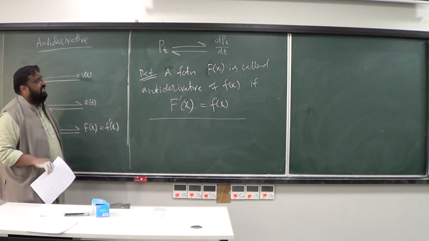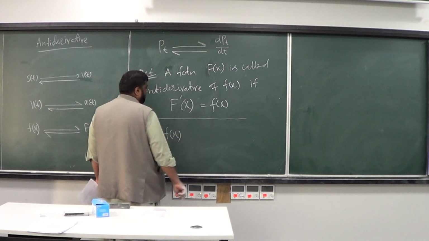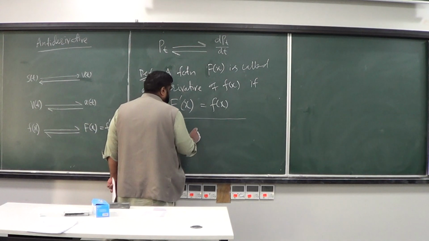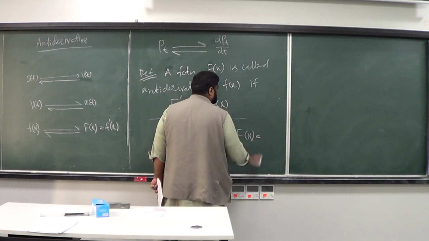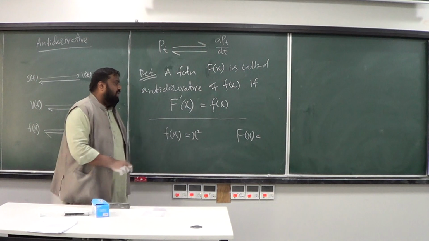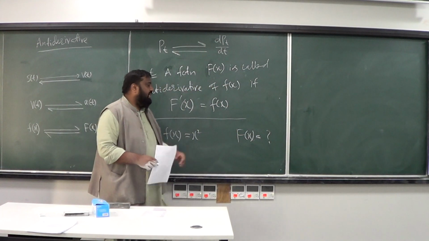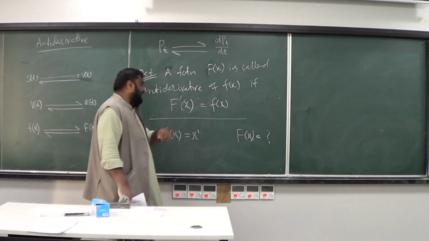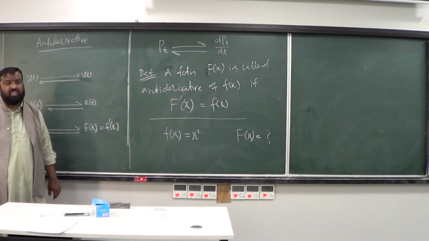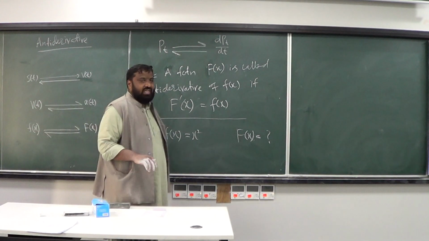The question is, if I give you a function, say f of x which is x squared, can you guess its antiderivative? In other words, what function must I write so that when I differentiate this function, I must get x squared? So what could be your guesses?